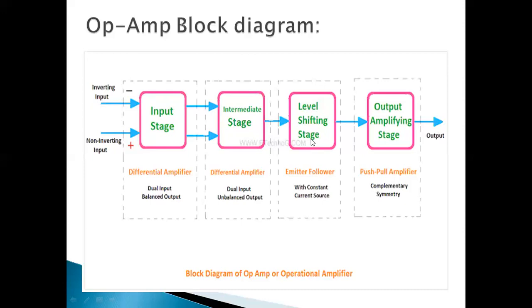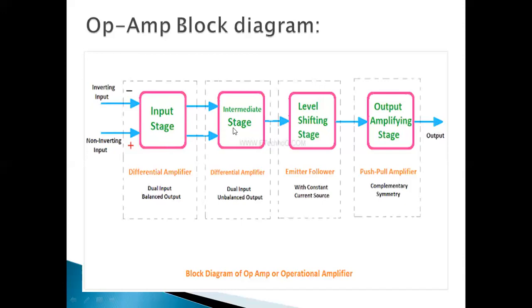The level shifting stage, or the level shifter, is used to shift the DC level to ground level. Whenever we couple the stages directly, the DC voltage which is generated in the first stage is directly passed to the second stage.